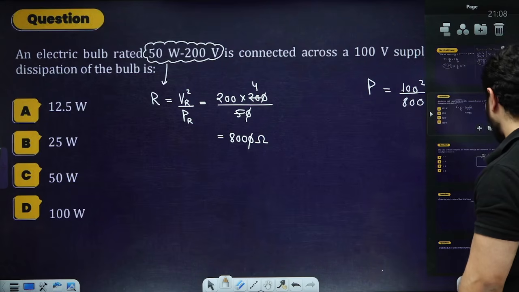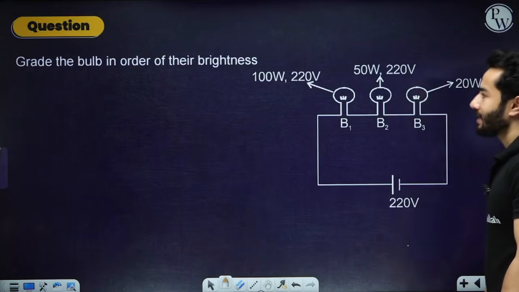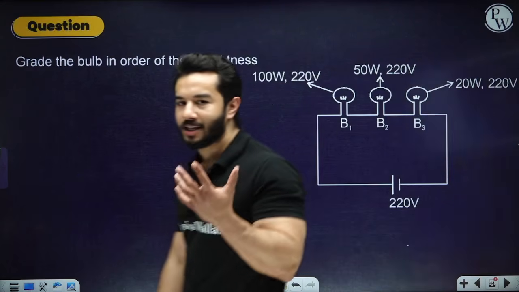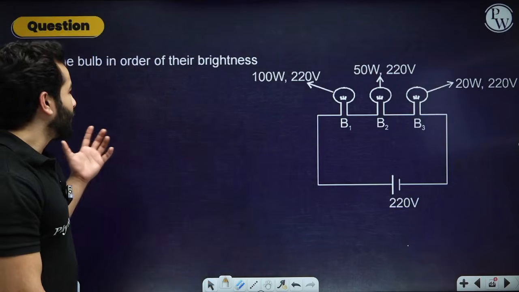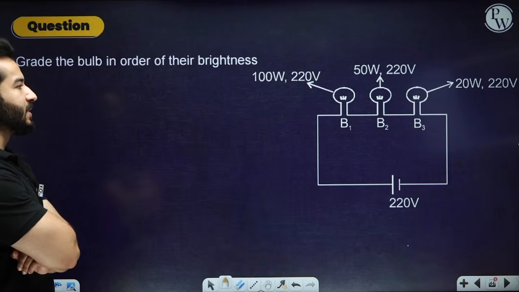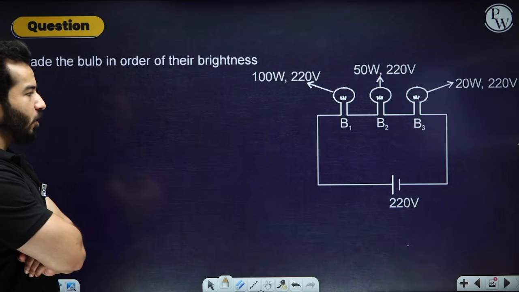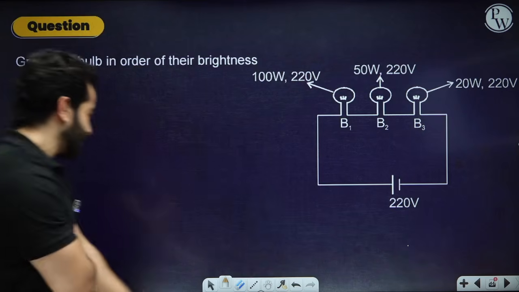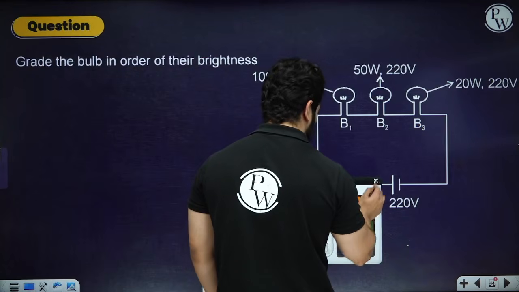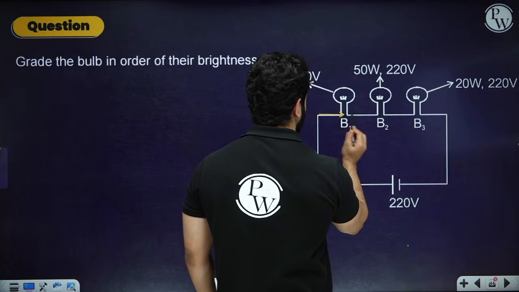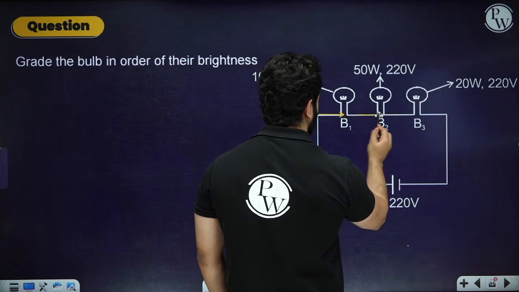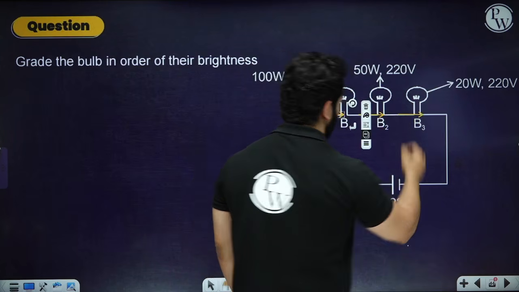Now let's move on to another question, something like this. For example, they can ask you to grade the bulbs in order of their brightness. See, the thing is, current is the same in all of them. Whatever current is flowing in B1, the same current will flow in B2 and the same current will flow in B3.